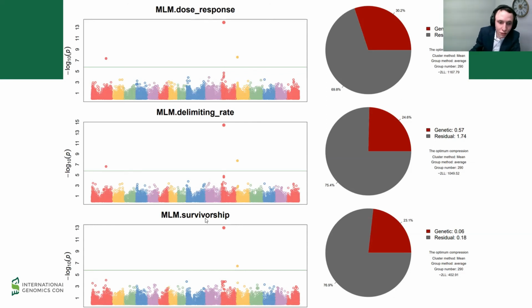But when we just do the simple survivorship, we're down to 23%. And for this specific simulation, as it happens, we even lost one of our QTN in the analysis. We weren't able to identify this QTN on scaffold 1 as a result of the looser phenotyping.